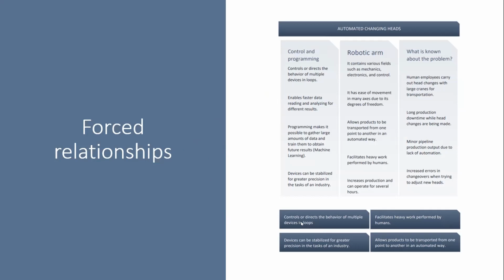In this part, we saw that the ideas that could be joined are the controls that direct the behavior of multiple loops, facilitate heavy work, loop products, and devices in precision.